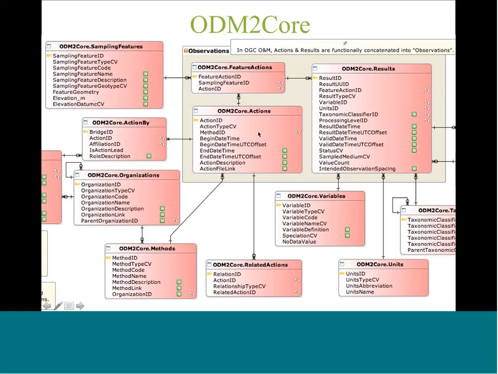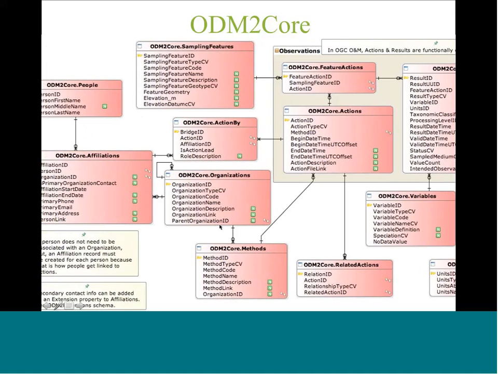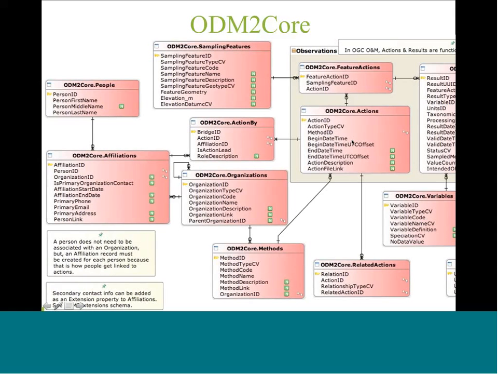Some of those actions produce results, others don't. So as I mentioned, this is really the only place, or nearly the only place, where people come into the picture, or where methods come into the picture.